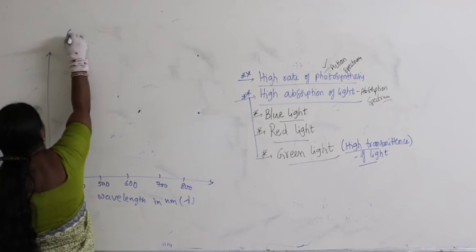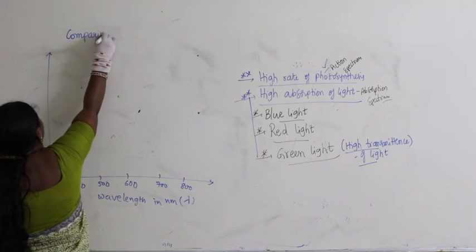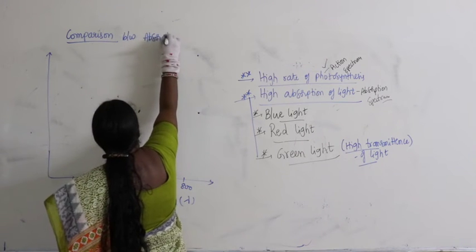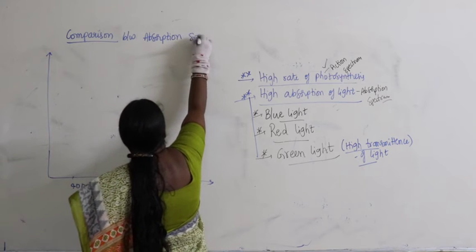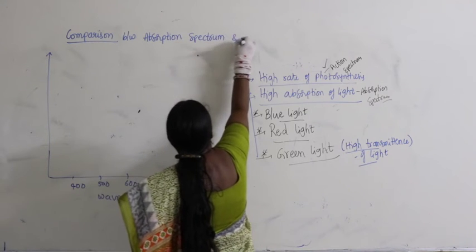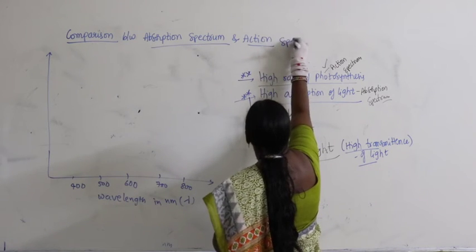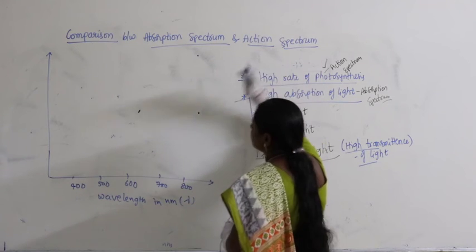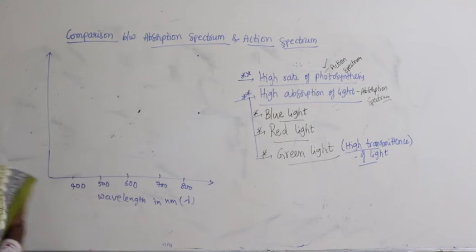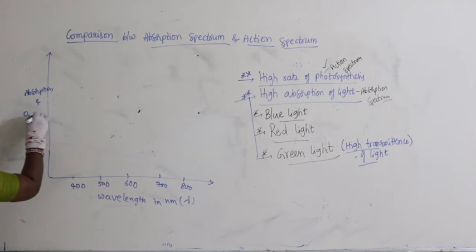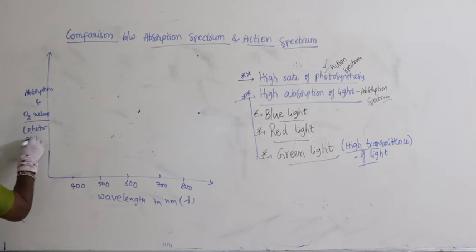So we are just taking a comparison between the absorption spectrum and the action spectrum. We are taking both here: absorption and oxygen release, that we talk about in terms of photosynthesis.